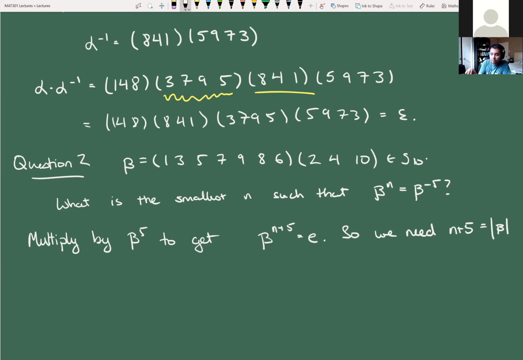Because that's the definition of the order of beta. It is the smallest exponent such that beta to that number is equal to the identity. If we want the smallest positive natural number n such that this is true, well, then that exponent has to be equal to the order of b. So n is the order of beta minus 5. Okay, so what's the order of beta?